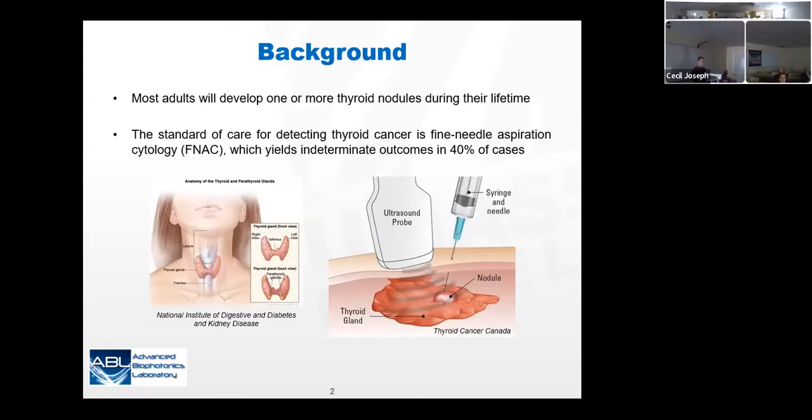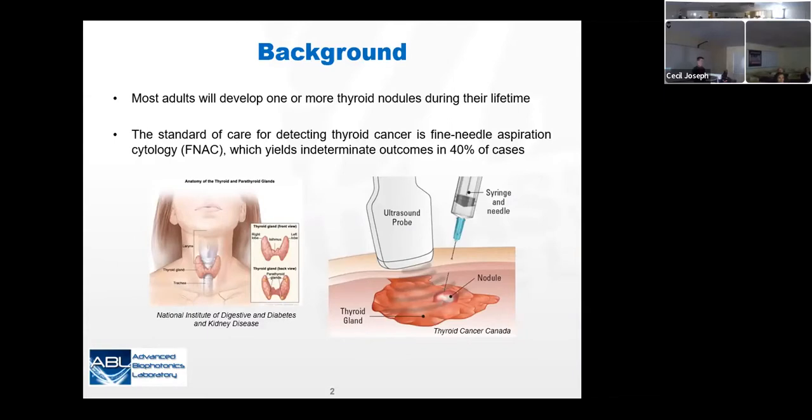So this requires the pathologist to visually identify the cytological hallmarks of cancer in order to identify malignancy, which is very challenging. As a result, there is relatively low diagnostic accuracy of this procedure, widely varying diagnostic sensitivity and specificity between institutions.